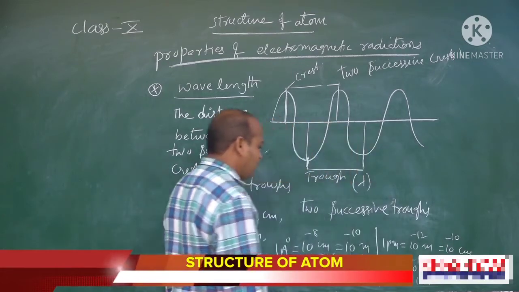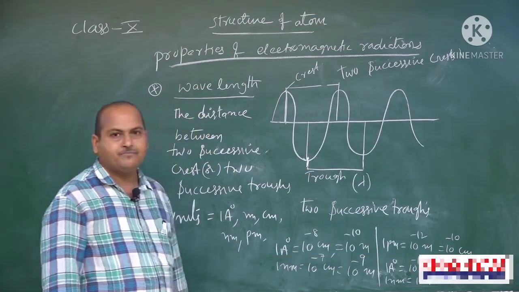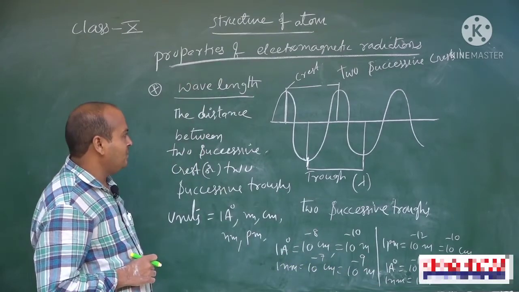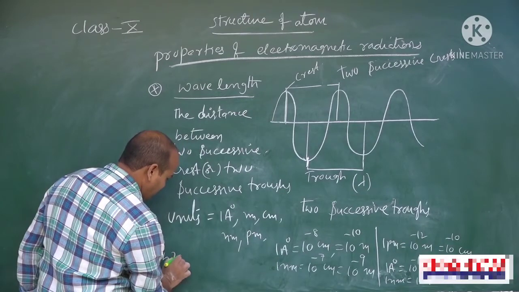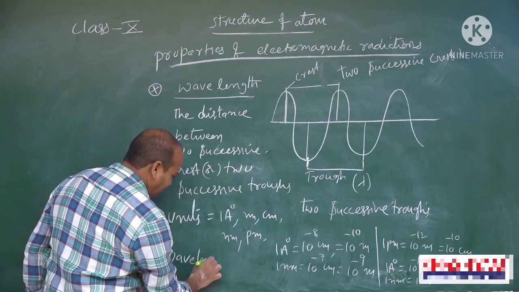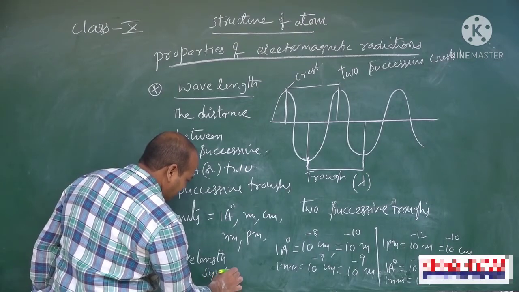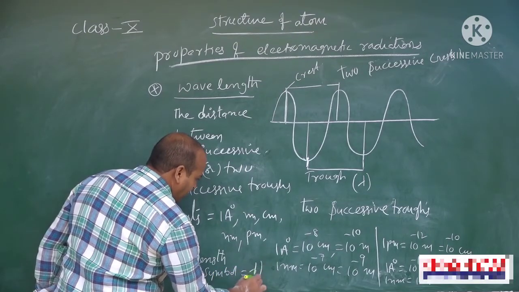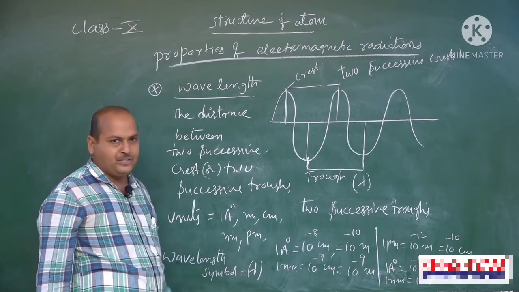The symbol for wavelength is lambda, a Greek letter.